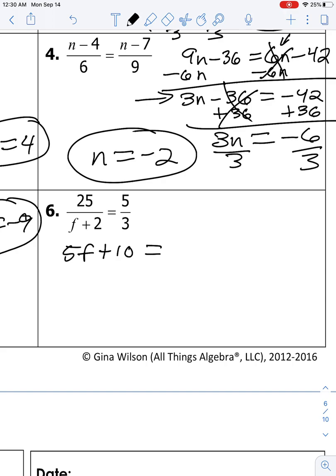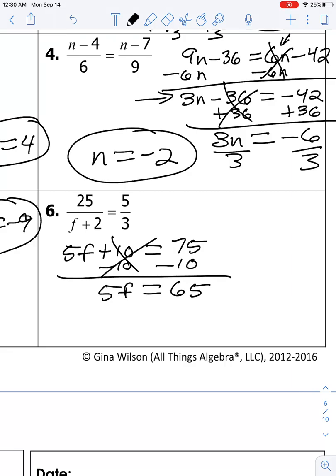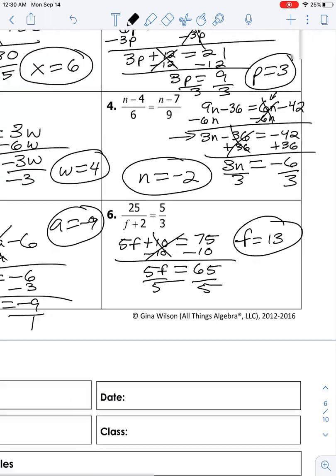And then on the other side, 25 times 3 is 75. So now you basically have a two-step equation. Subtract 10. That's now gone. You have 5F equals 65. Divide by 5. And 65 divided by 5 is 13. So F equals 13.